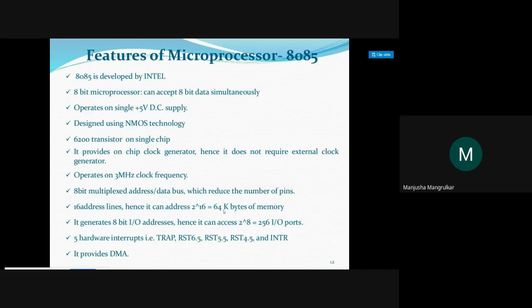It has 5 hardware interrupts: TRAP, RST 6.5, RST 5.5, RST 4.5, and INTR. Why is the hardware interrupt used? Because the processor is performing a task, but in case of any emergency, the hardware interrupt wants to interrupt the working program.